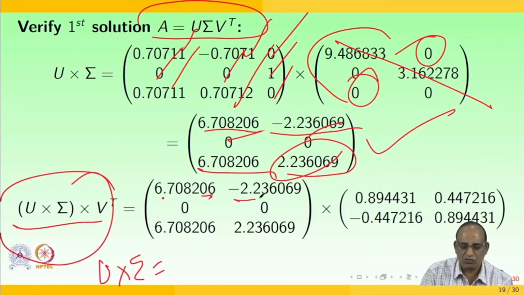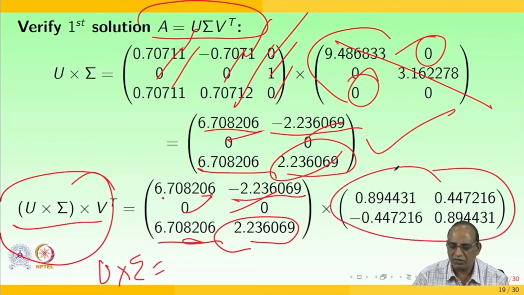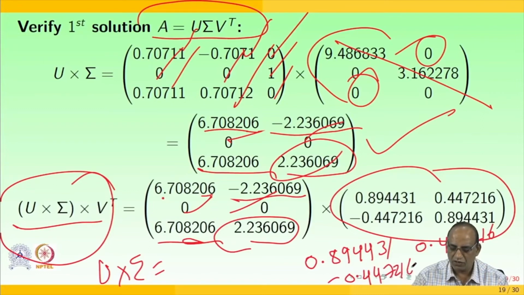6.70826, minus 2.236069, 0, 0, 6.70826, 2.23609, multiplied with the matrix V, that is 0.894431, 0.447216, minus 0.447216, 0.894431.